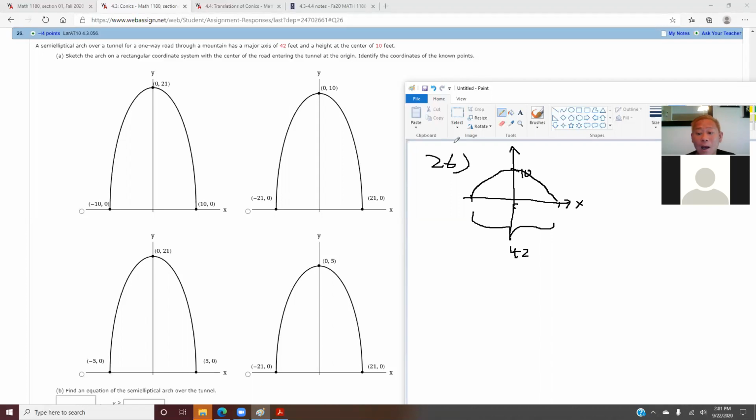So can someone tell me what your graph will look like if you draw this one out? Does that look like A, B, C, or D? Anyone?